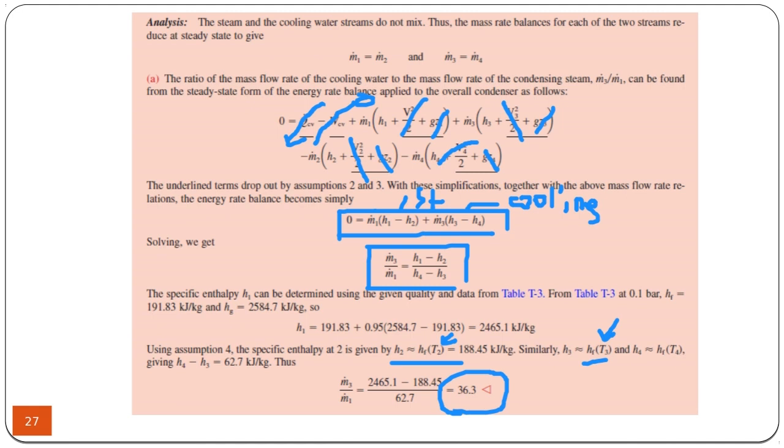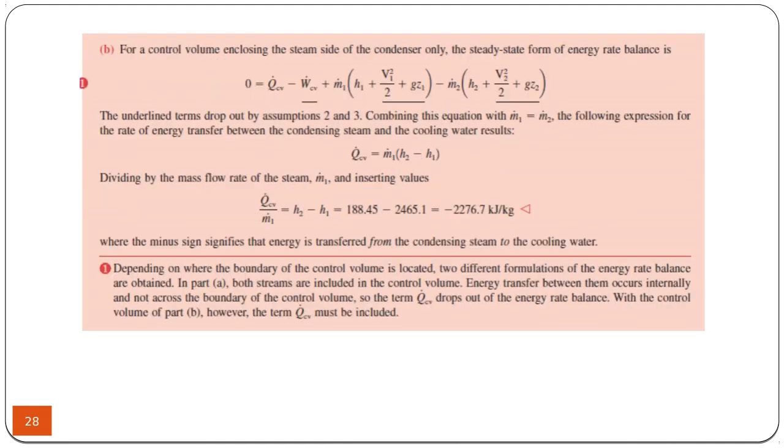In the second part, if you take the system as the steam section only, then of course the left hand side is 0 because this is a steady state system. There is no work done. We can neglect the change in kinetic energy, no change in the potential energy, but there is a heat interaction between the steam part and the cooling part.